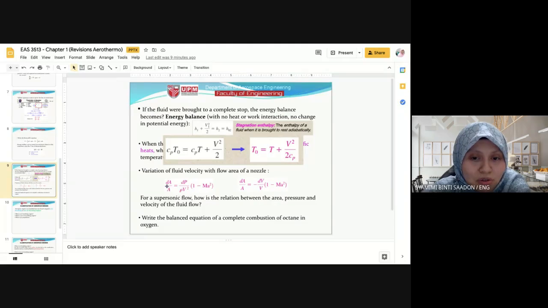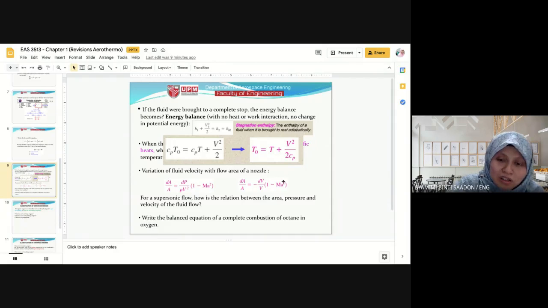So the relation between area and pressure is opposite, not proportional. If the area increases, then the pressure decreases.